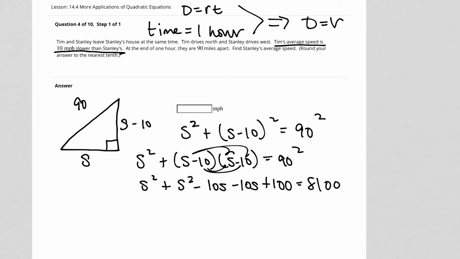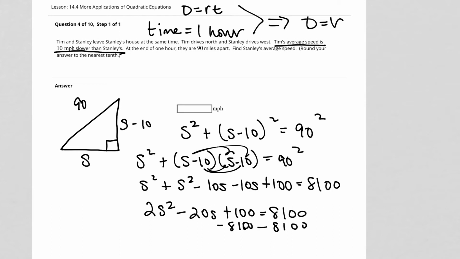Collecting like terms on the left, I'm going to have 2S squared minus 20S plus 100 equals 8100. I'm going to set it equal to 0 by subtracting 8100 from both sides. That gives me 2S squared minus 20S minus 8,000 equals 0.